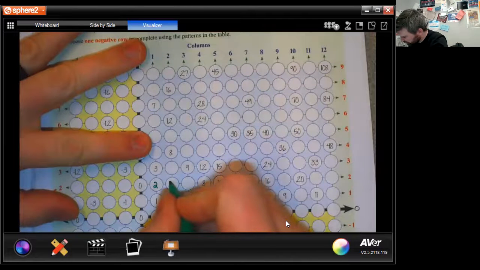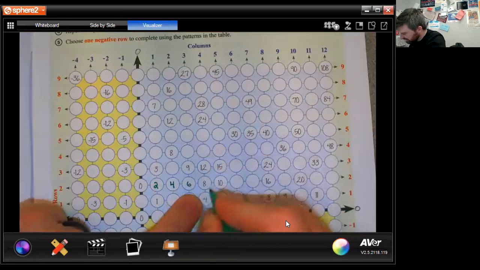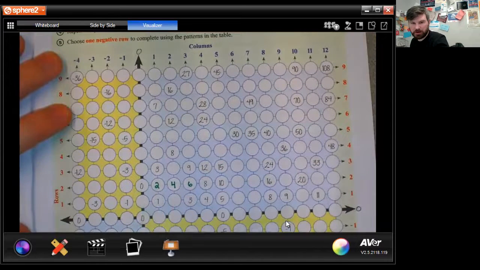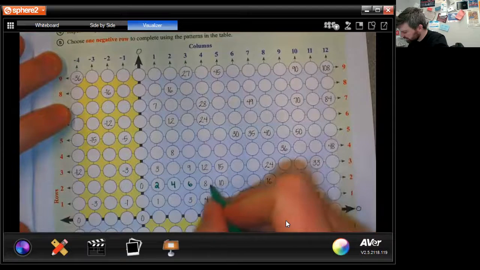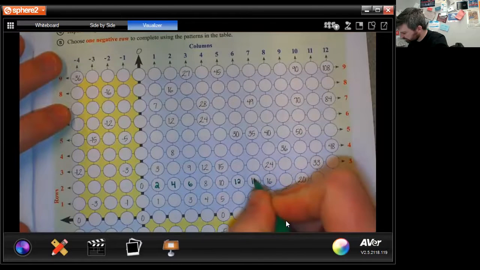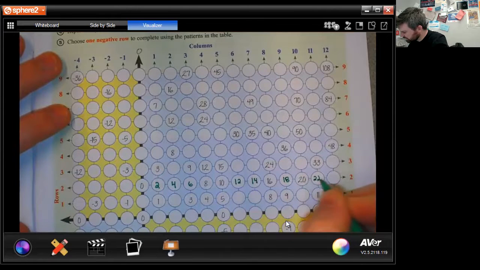This is 4. And then 2 times 3 is 6, 8, 10. And maybe you already noticed that it's just going up by 2. So 8, 10, 12, 14, 16, 18, 20, 22, and then 24.